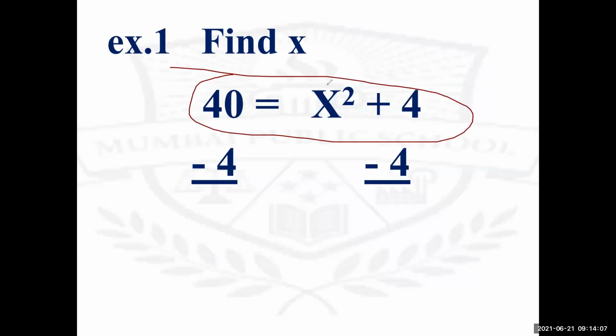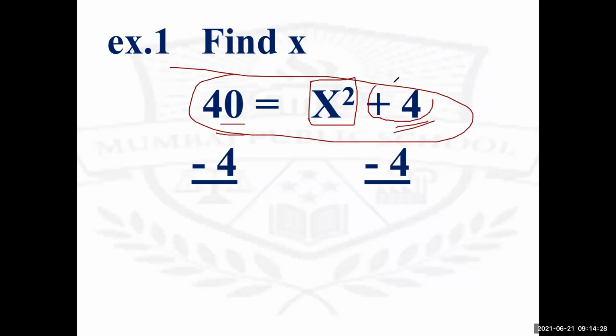Now how you are going to solve this? We'll try to keep the terms with the variable on one side and remove the constant terms. Now the constant term here is 4, beside x square. So you'll try to eliminate plus 4.